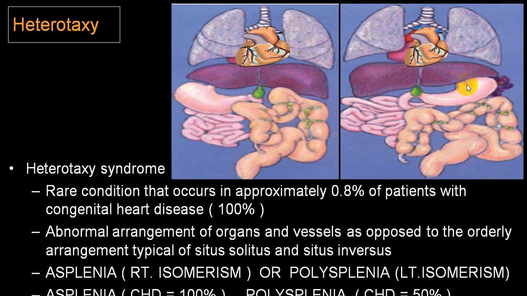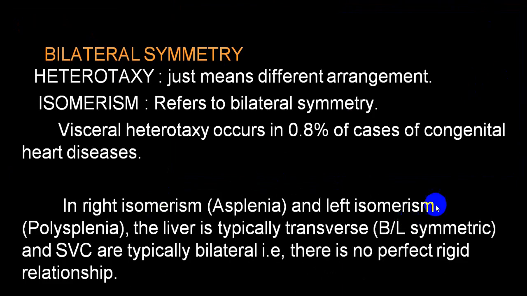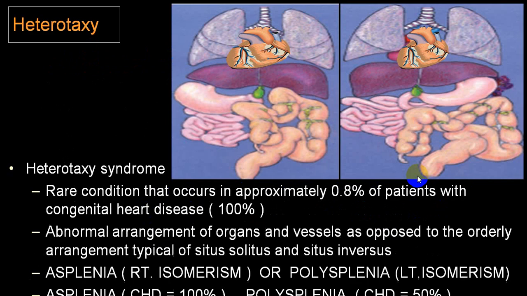If the stomach is on the left side with polysplenia, you can see here, we label that as left isomerism. And if the stomach is on the right side, it is called dextro isomerism, where you can have absence of spleen, and this is asplenia.